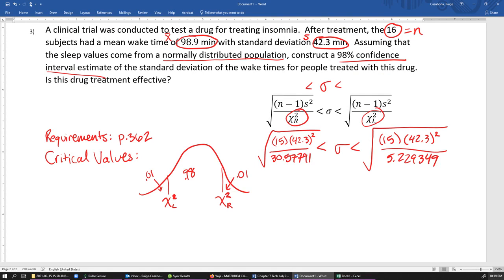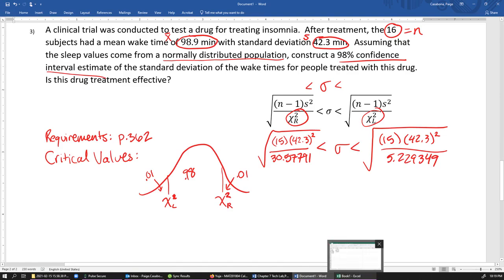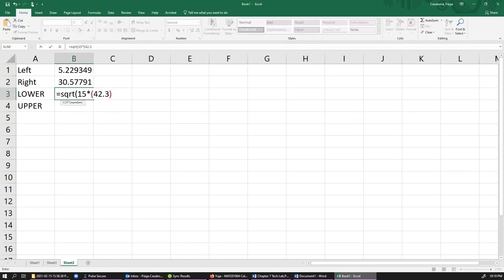You can definitely do that on a calculator if you want, or we can do this in Excel. This would be square root of 15 times our standard deviation squared divided by the right critical value, and then square root of 15 times standard deviation squared divided by the left critical value.